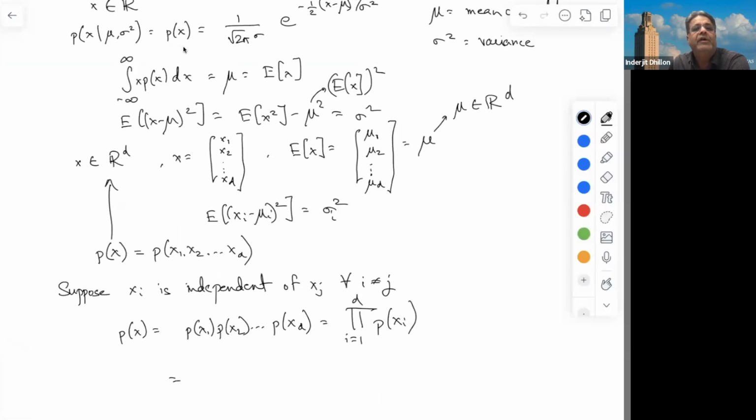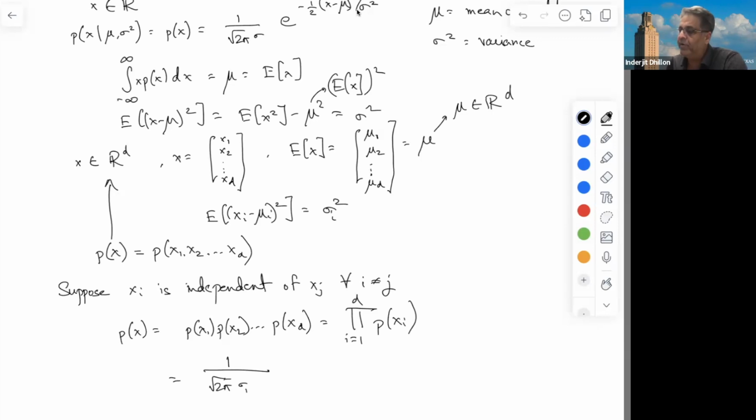So P of xi is going to be 1 divided by square root 2 pi sigma 1 times e to the power minus x minus mu 1 divided by sigma 1 squared. So this will be 1 divided by square root 2 pi times sigma 1. But let's just look at the part before the exponential.